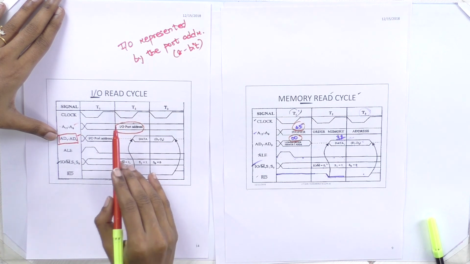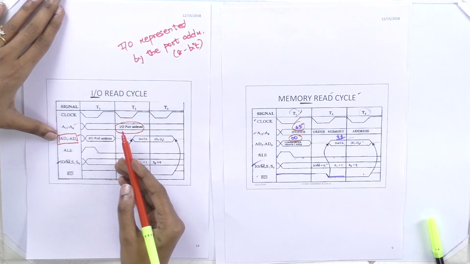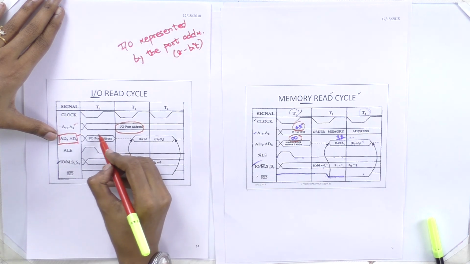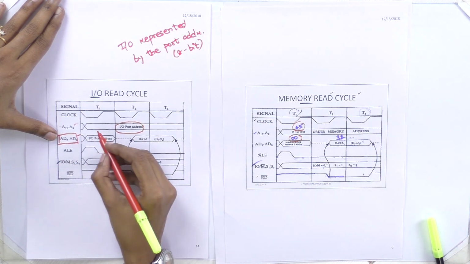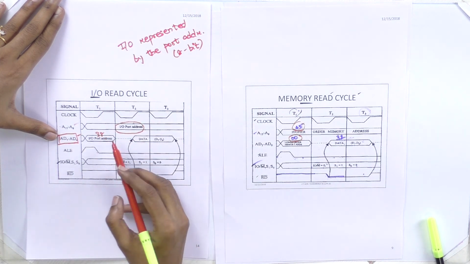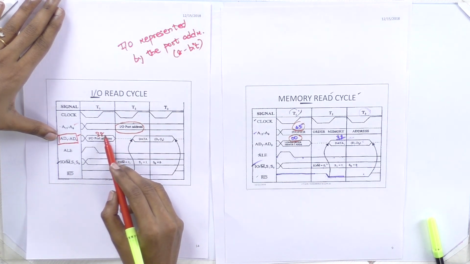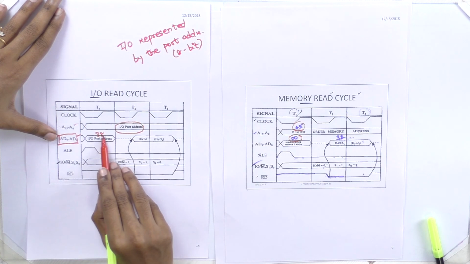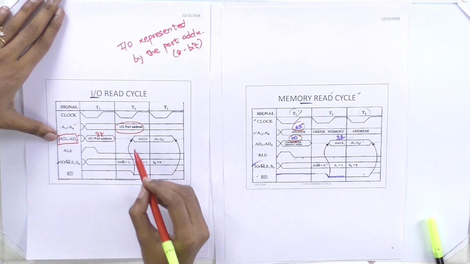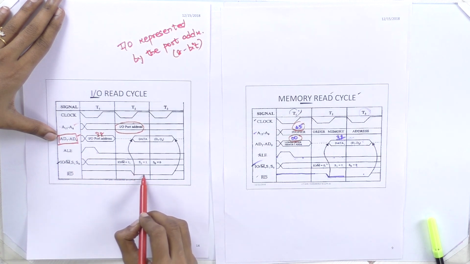In the read operation we are performing read only. At T state 2 the processor will look into the port address. For example, if I have 38 as a port address, it will look into this port address, which is where our device has been connected, and read the value at T state 2, so the read bar is low.